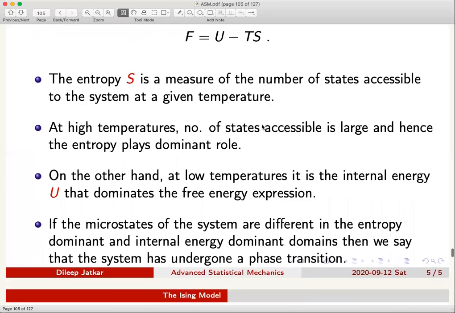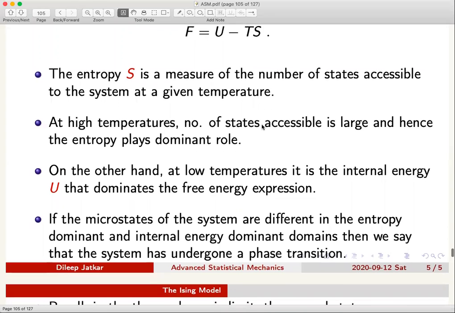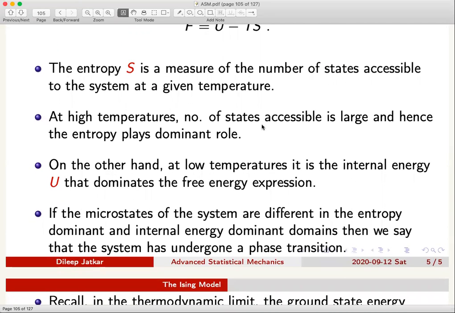One would therefore expect that this switch over from entropy dominant behavior to internal energy dominant behavior would be called a phase transition, and would generate some kind of non-analyticity in the thermodynamic limit.